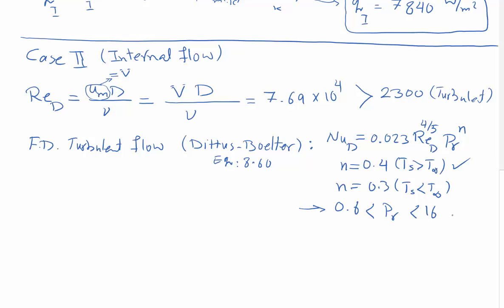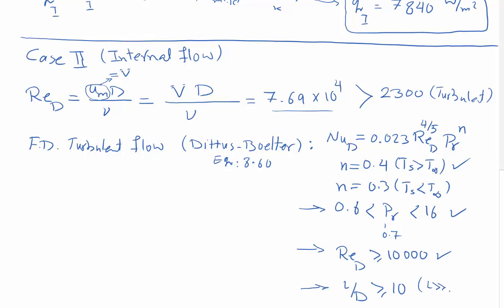This is also met because my Prandtl number is about 0.7 in this problem. Another condition is that the Reynolds number with diameter as the length scale should be larger or equal to 10,000. And we figured that it is actually more than 10,000, so this condition is also met. And finally, L over D should be larger than 10, which in our assumptions we assume that L is much larger than D, so this condition is also met.